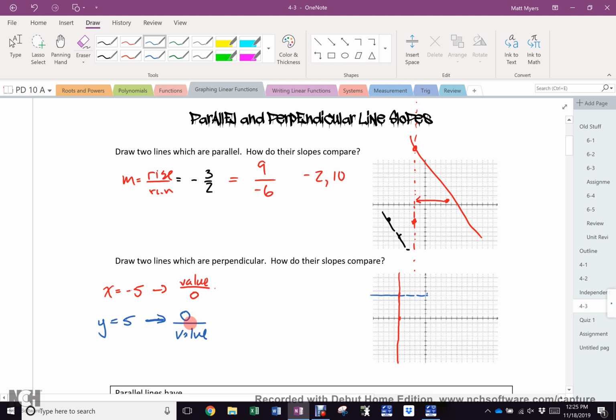We are only talking about the slopes, ladies and gentlemen. What do you see about the slopes? Caden. They have 0 and they have value, right? Okay. What would you say about the difference between the two? Opposite is not quite the right word. In math, opposite means positive or negative. But I know what you're thinking. They are reciprocated. Yay. Nice job, Selena.